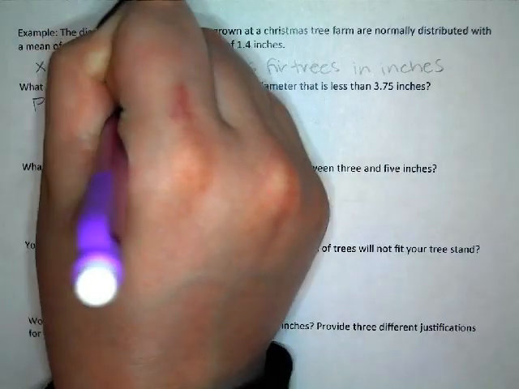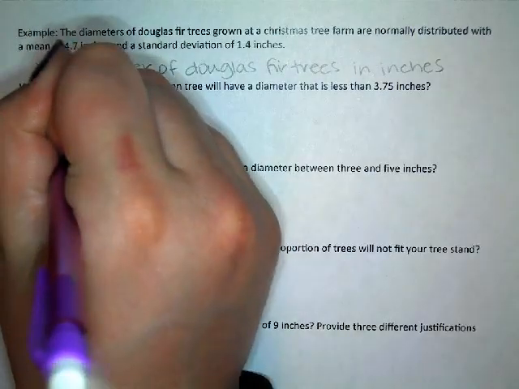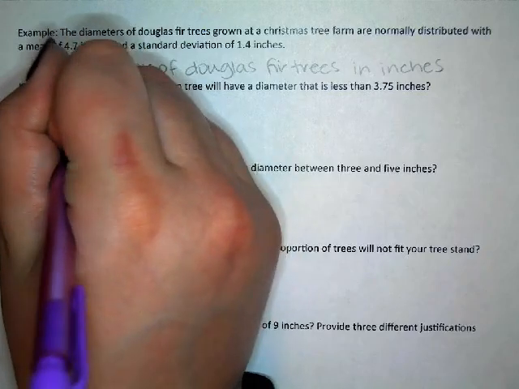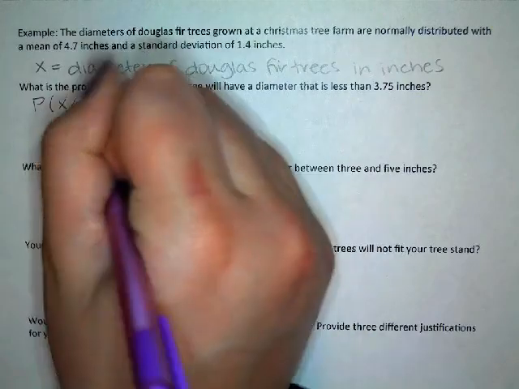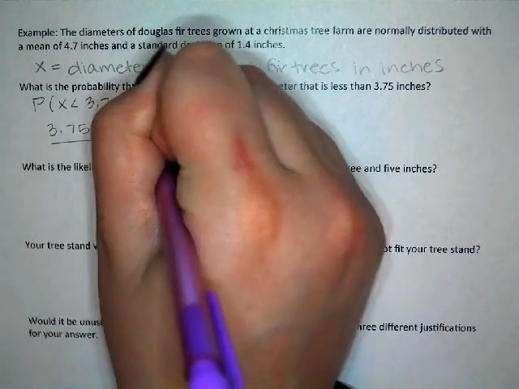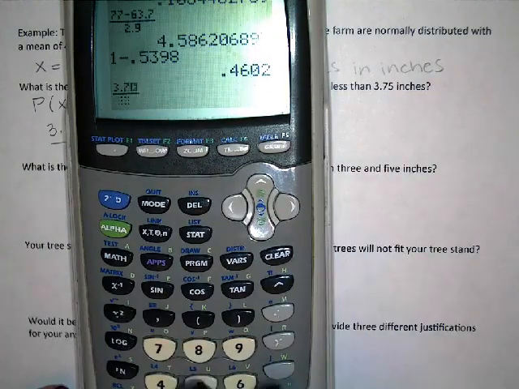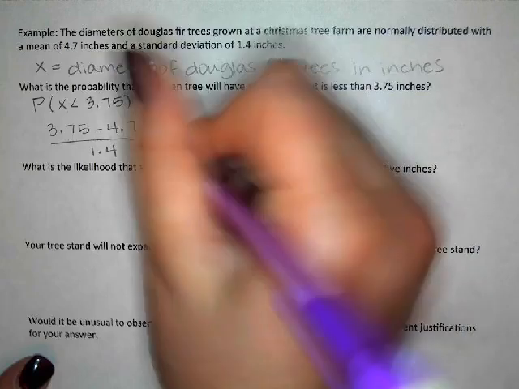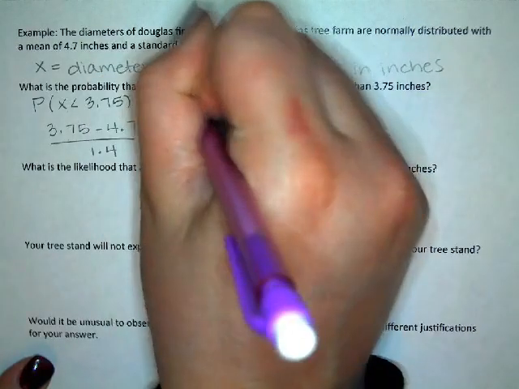So first we need to find the Z-score so that we can use our standard normal distribution table. So 3.75 minus 4.7 over 1.4, negative 0.68. So this is equivalent to the probability that Z is less than negative 0.68.